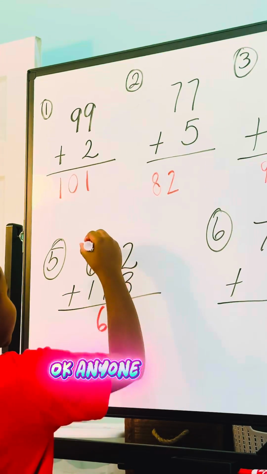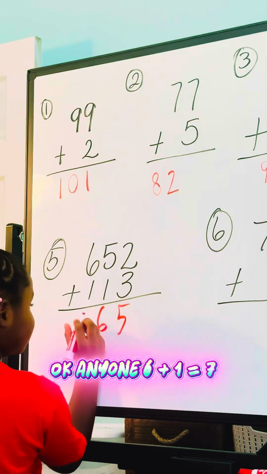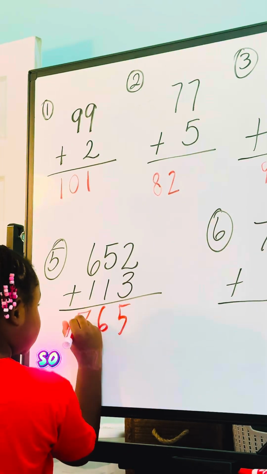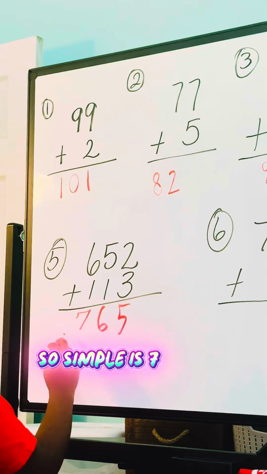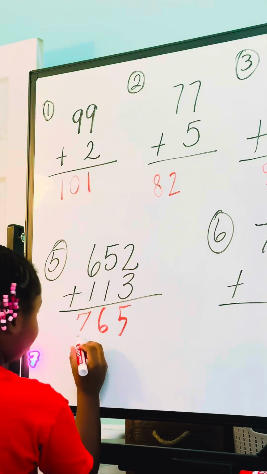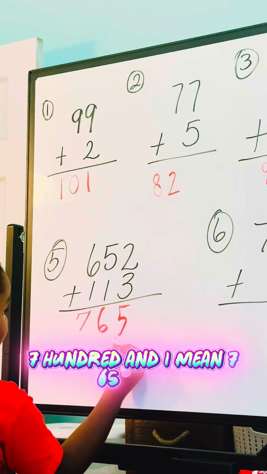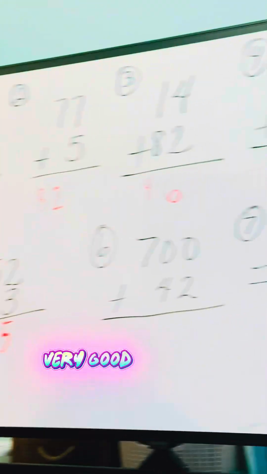Okay, and 6 plus 1 equals 7. So simple. So 765. Good, very good.